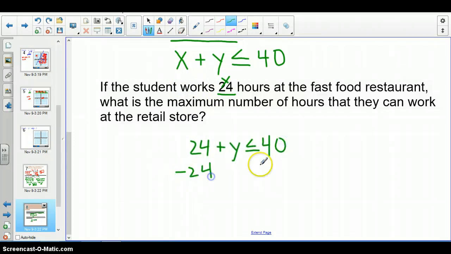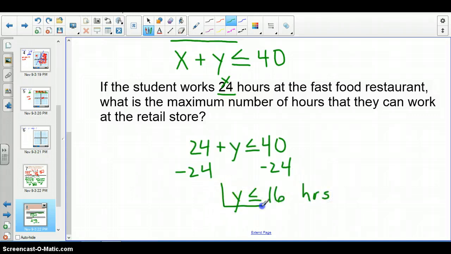Subtract 24. So Y is less than or equal to 16 hours. So they can work up to 16 hours. They can work 5 hours, 4 hours, 10 hours, but they can't work anything over 16.